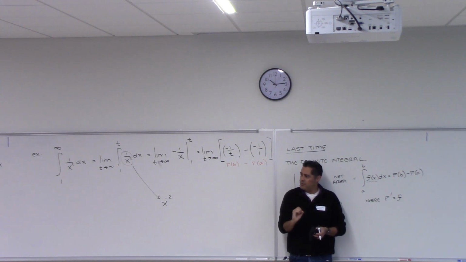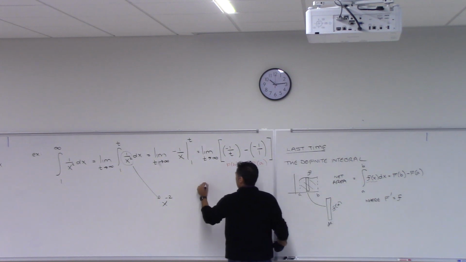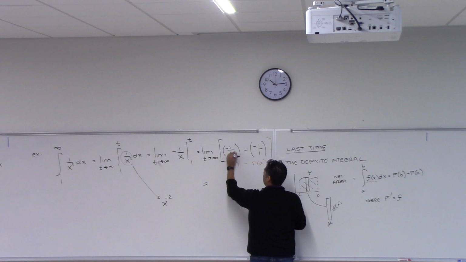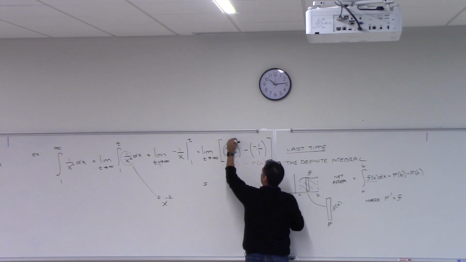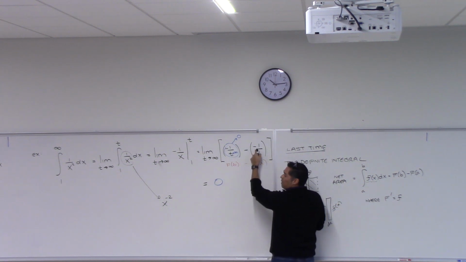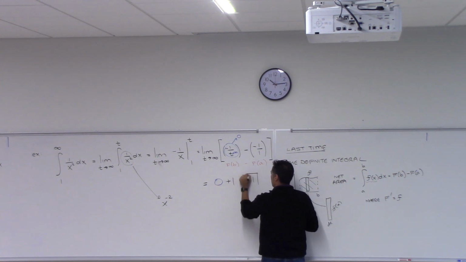The ratio goes to 0. So when I apply the limit, no more limit because I'm letting this go to infinity, this whole thing goes to 0. And then this is minus 1, which is just plus 1. So our answer is 1.